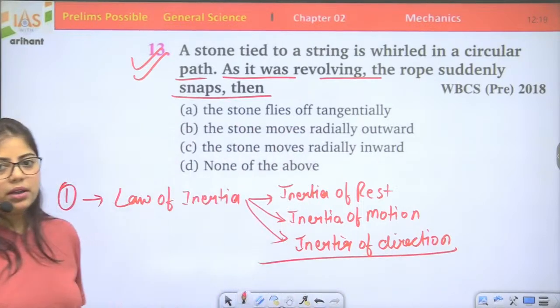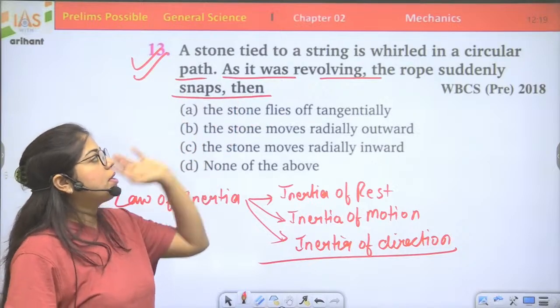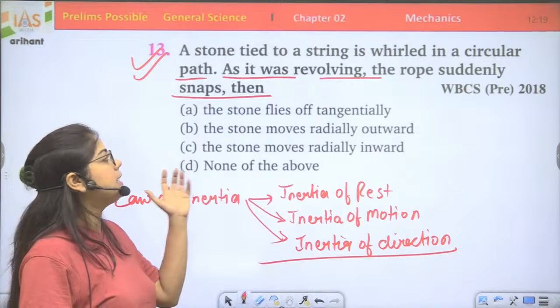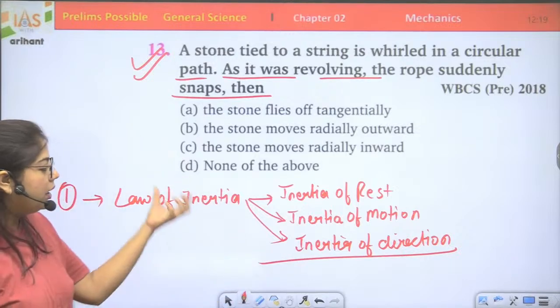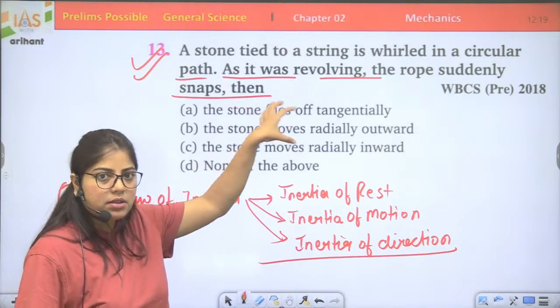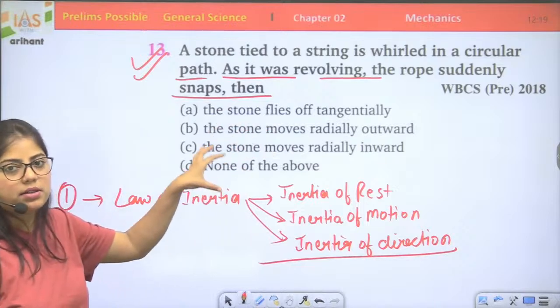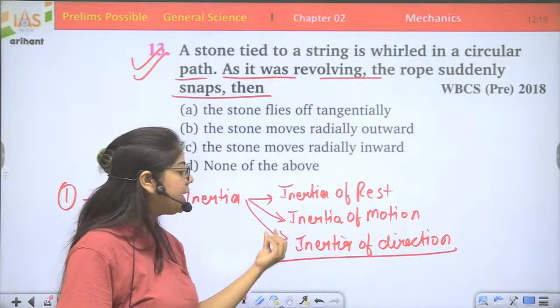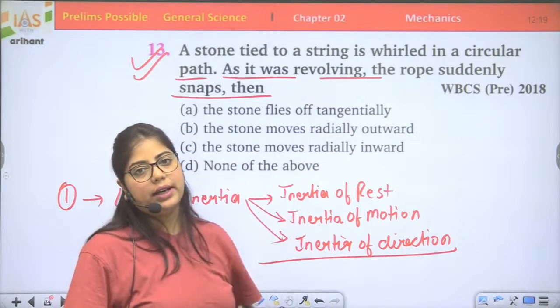So tell me, a stone tied to a string is whirled in a circular path. As it was revolving, the rope suddenly snaps. Then this is an example of which law of motion? Inertia of rest, inertia of motion, inertia of direction.